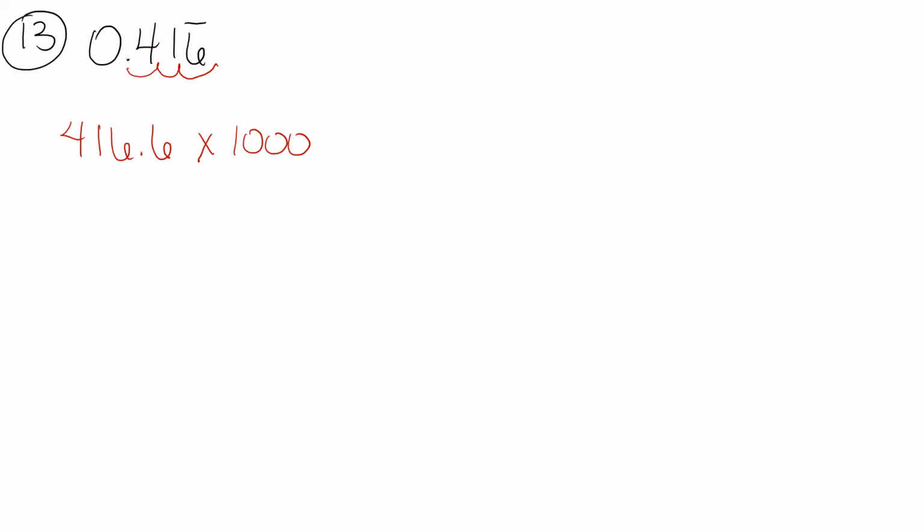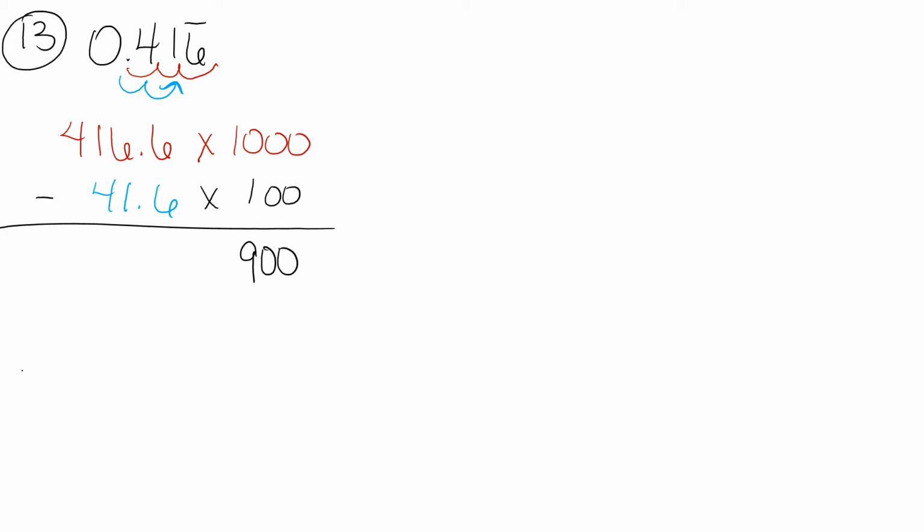Then you're going to come back and move that decimal so that it's directly in front of the number that is repeating. So that would be 41.6. I moved that decimal 2 times, so that would be times 100. Now you're ready to subtract. 1,000 minus 100 would be 900.